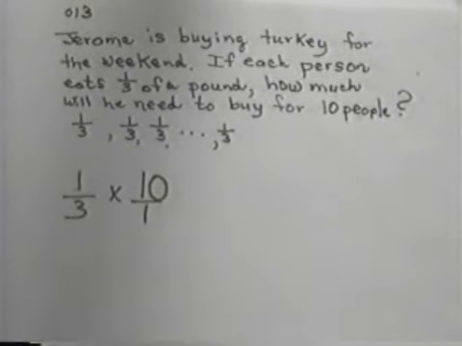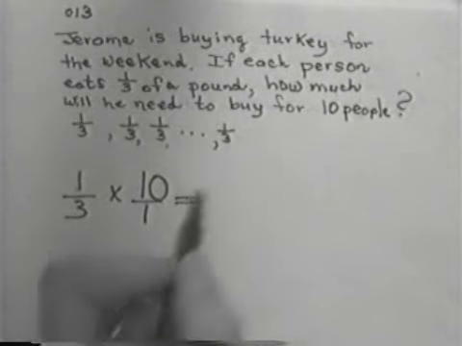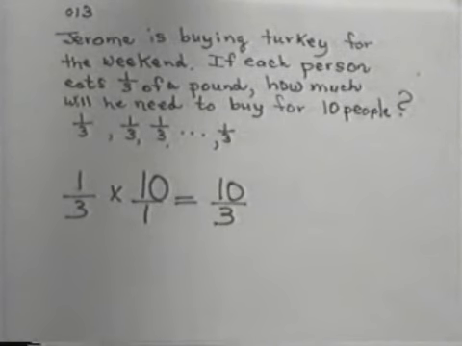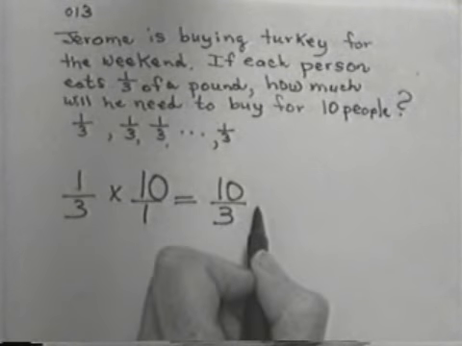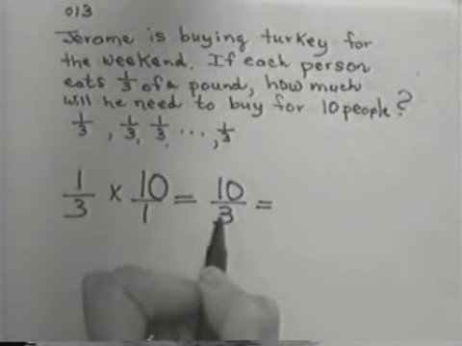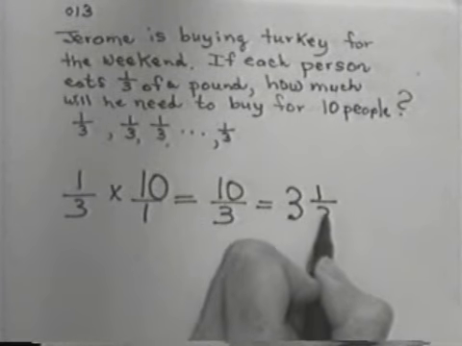Put a 1 under the 10. There's nothing we can reduce, so we end up with 10 thirds. And so we can tell how much turkey we need to buy. We need to divide that out. And when we divide that out and turn it back into a mixed number, 3 goes into 10 3 times, and we have 1 left over.